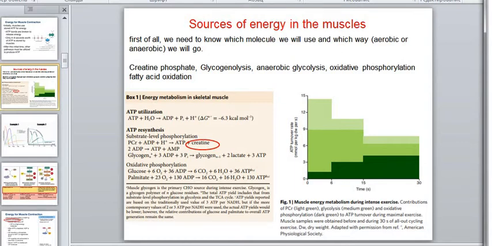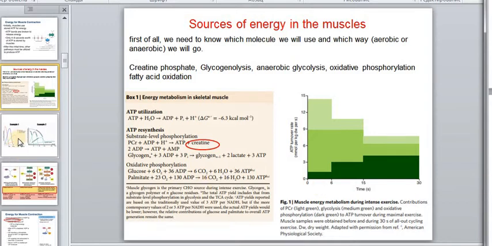Sources of energy in the muscle: creatine phosphate, glycogenolysis, anaerobic glycolysis, oxidative phosphorylation, fatty acid oxidation. So many ways we use to get energy. As you can see, each path has its own duration and goals, and many molecules can be used to generate energy.